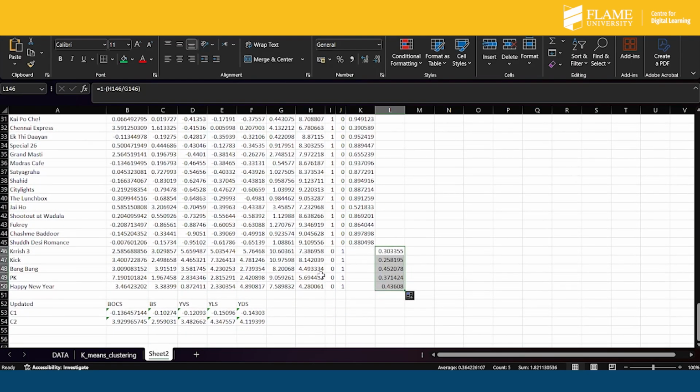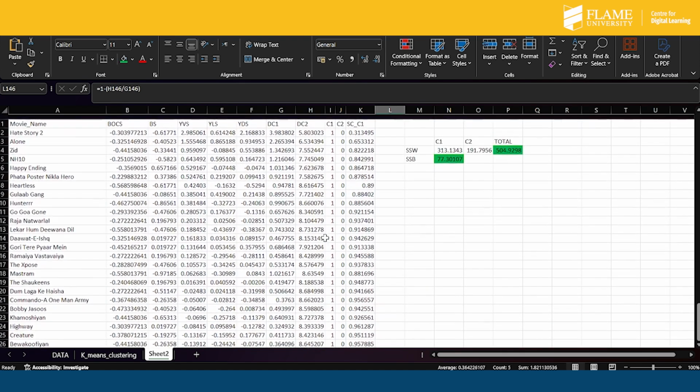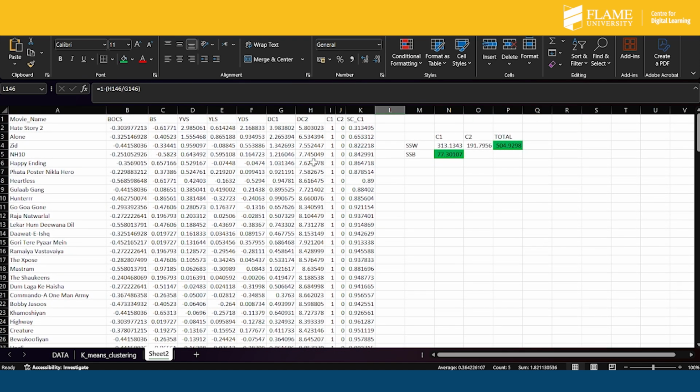Now if you check this value, if one particular member is nearer to its own cluster, then this value is definitely less than this, and this ratio is always less than 1. So when you are subtracting it from 1, that will also be less than 1. So this silhouette score varies from 0 to 1, and the higher value is desired.